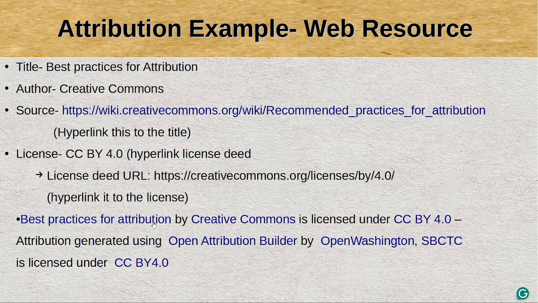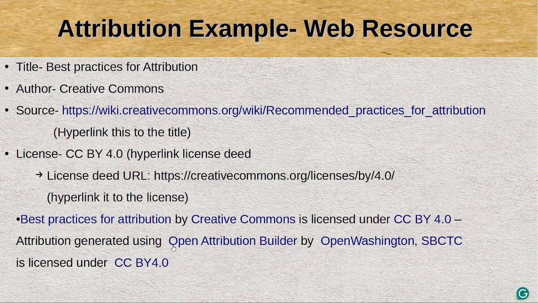It means this is the title. It's showing the title by Creative Commons, meaning Creative Commons, where you created or generated the license, like CC BY 4.0 Attribution, and this means the license CC BY 4.0 you have referred to in this paragraph.